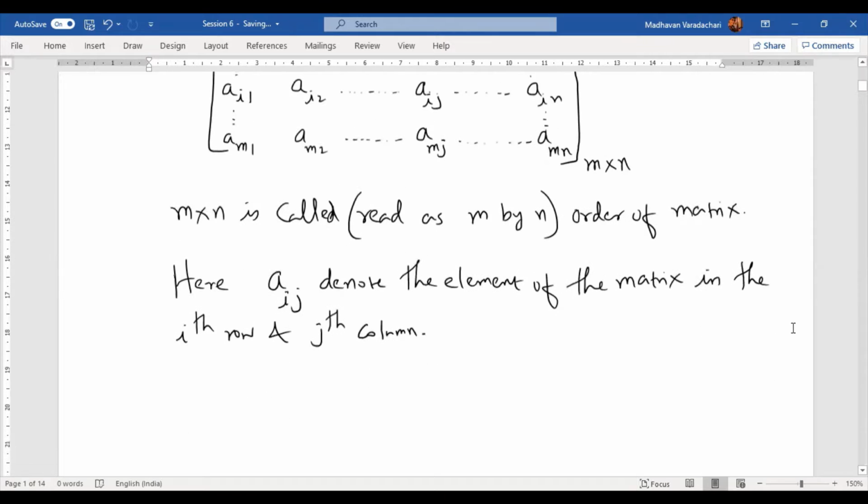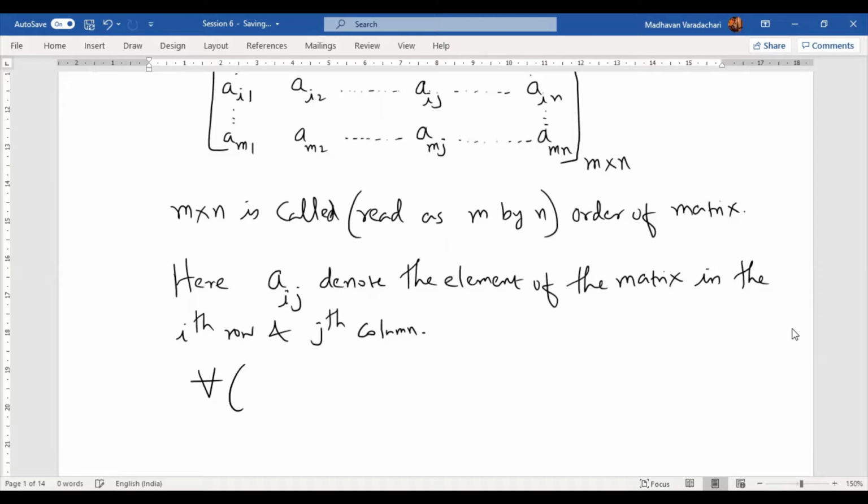And it is applicable for all i's. I will say this symbol is for all i equal to 1, 2, and so on up to m. j is ranging from 1, 2, and so on up to n.